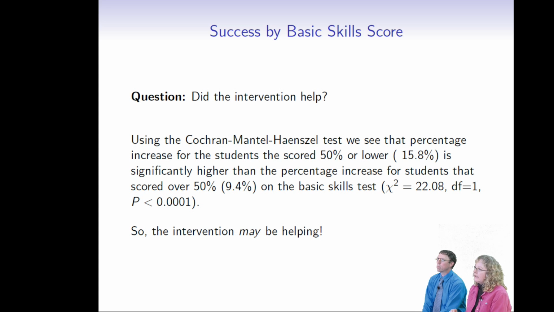So we saw an overall increase, but the increase for the students who scored less than 50%, for the students who were getting the required intervention, was significantly higher than the increase overall. So, of course, we can't say association means causation, but we do think that this intervention may be helping those students.